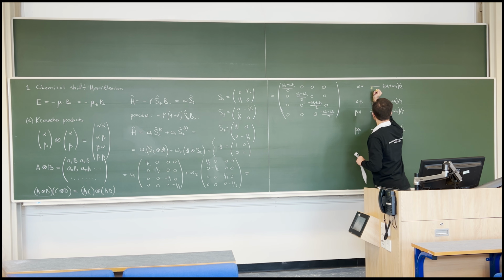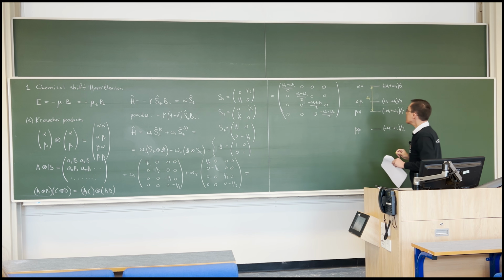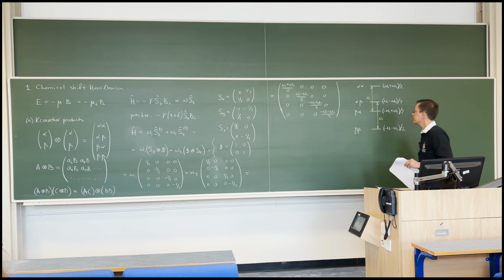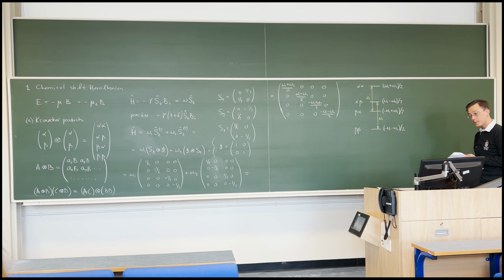Let's draw the label on the other side to make ourselves some space. There. Likewise, we have a flip from alpha to beta here, so that is also omega 1. Transitions of the first spin.